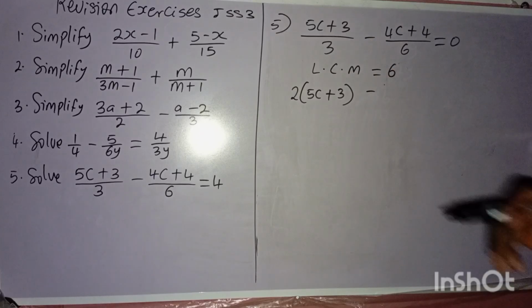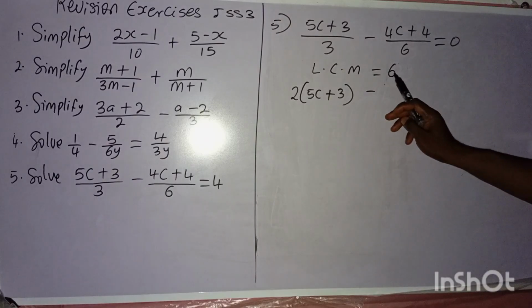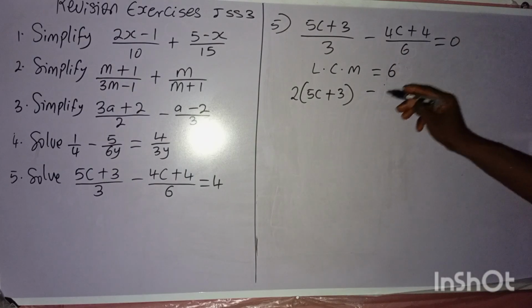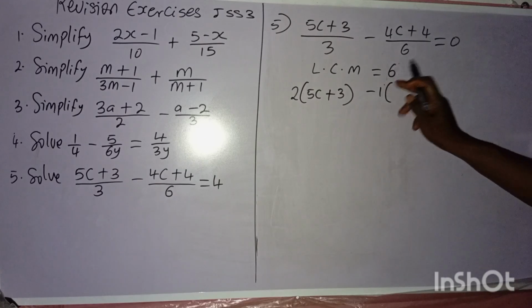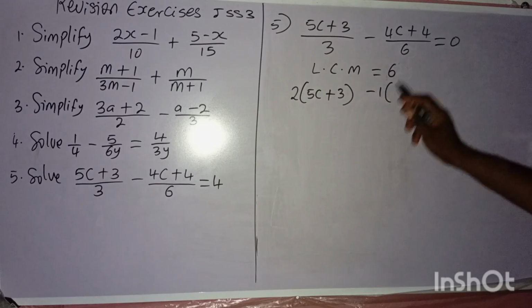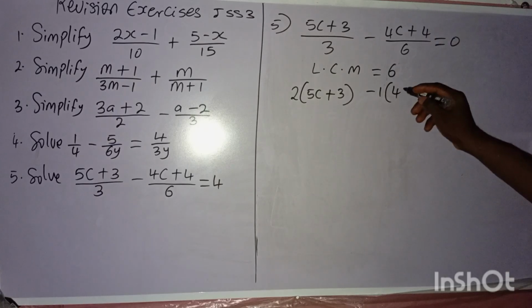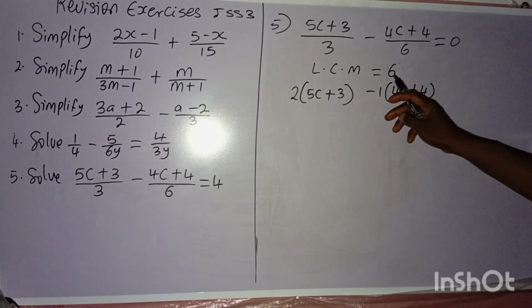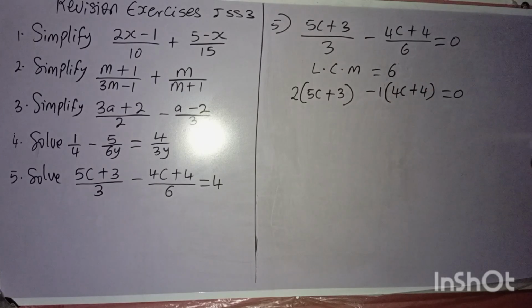We move to the next fraction because we still have another term here. So 6 divided by 6 will give us 1. So 1 multiplied by the whole of this will still give us something, but you have to present it in brackets because of this sign here, and you are dealing with an expression. So that will now be 4c plus 4. Then 6 multiplied by 0 will give us 0.